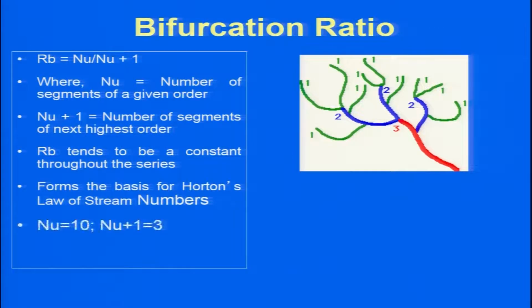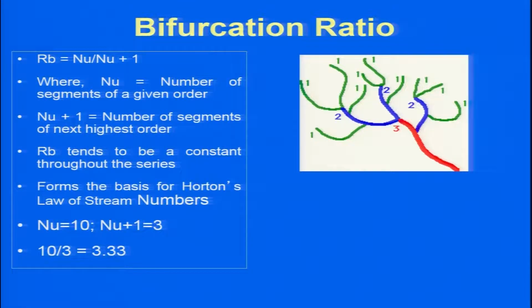So for example, if Nu is 10 here, that is 1, 2, 3, 4, 5, 6, 7, 8, 9, 10, and the next higher order is only 3, then you will have a bifurcation ratio of 3.33.